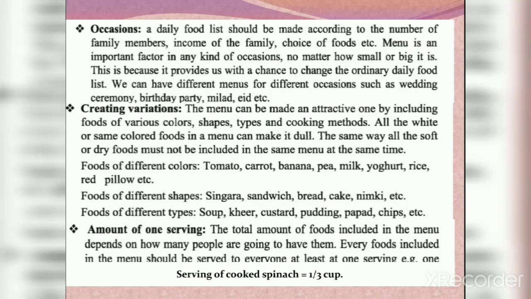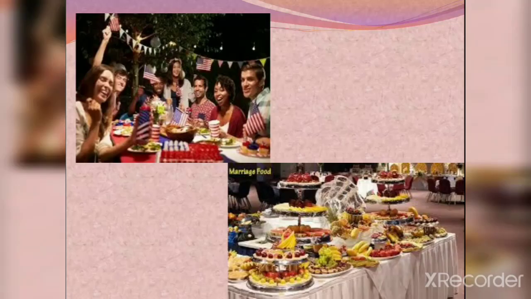Every food included in the menu should be served to everyone, at least at one serving, etc. One serving of cooked spinach, 1/3 cup. On the screen, we can see two occasions. One is birthday and the second one is marriage. The menu is set according to the occasions.